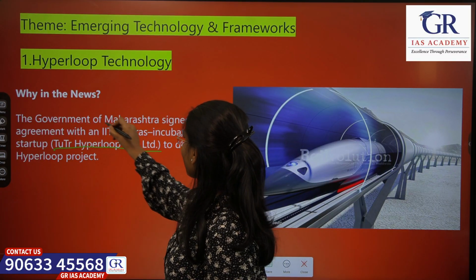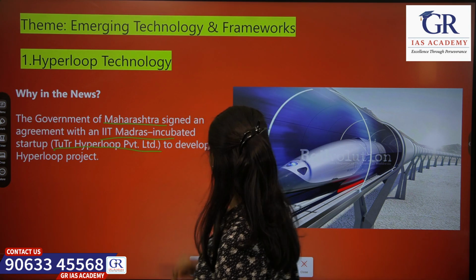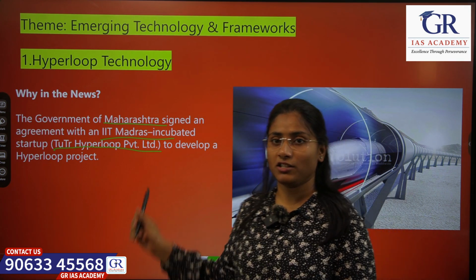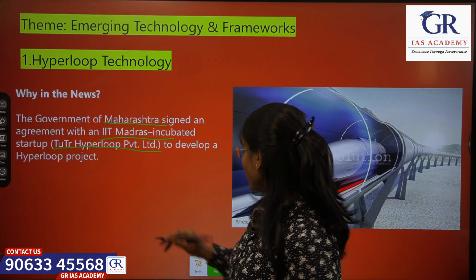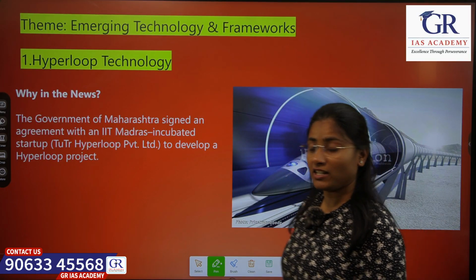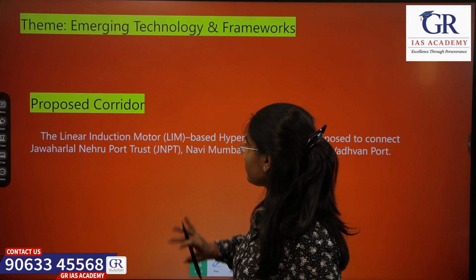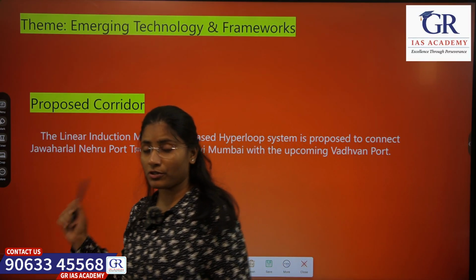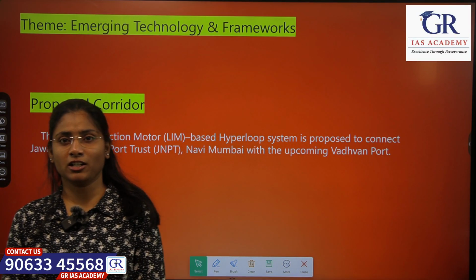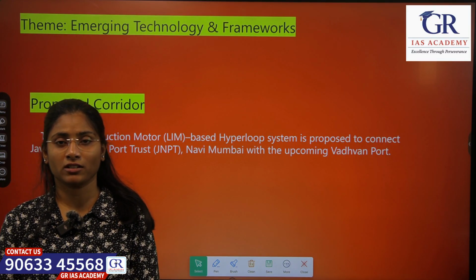So it is in news. Let's see about Hyperloop technology and more about this. Okay, the proposed corridor. Where does this Hyperloop technology come?